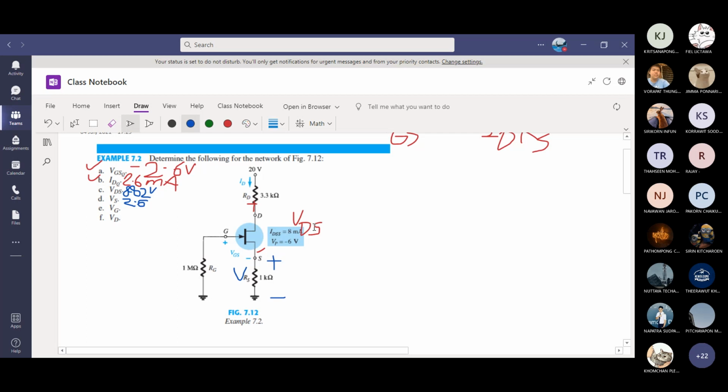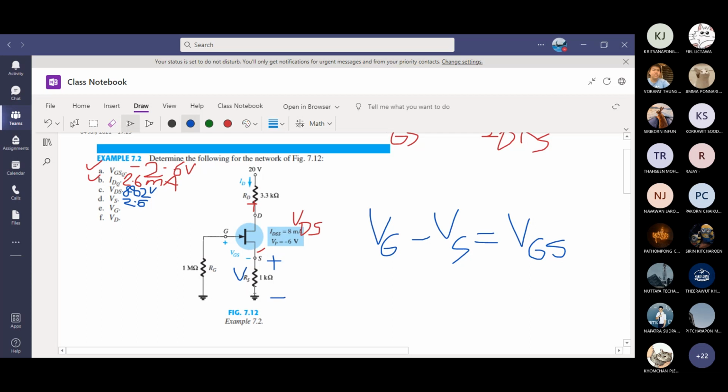What about VG? In this loop, VG is VGS plus VS. You see VGSQ is negative 2.6.